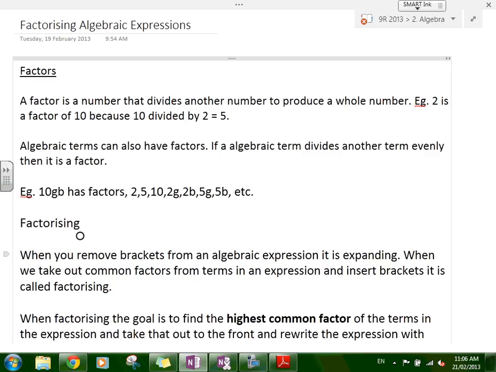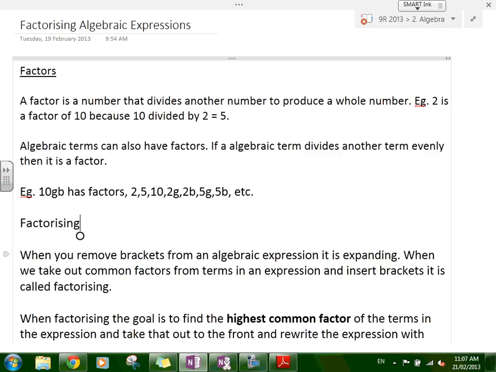Now, we also have algebraic terms, and we have algebraic factors. So if an algebraic term divides another term evenly, then it is a factor. As in evenly, that it fits in, there's no decimals or anything like that. So, this term 10GB has factors. 2, because 2 goes into 10. 5, because 5 goes into 10. 10, because 10 goes into 10. 2G, because 2 goes into 10 and there's a G there.